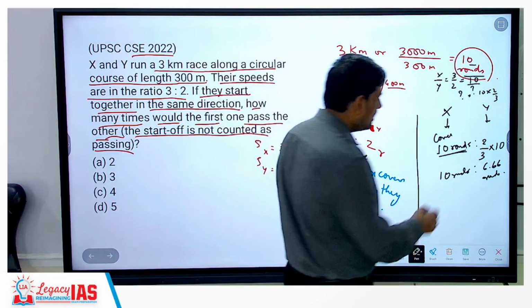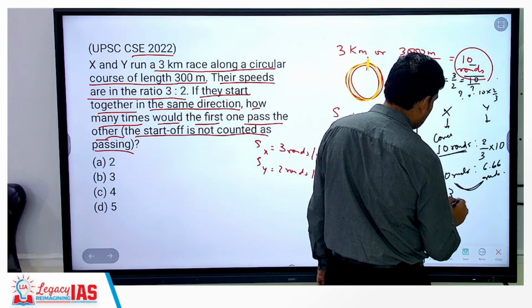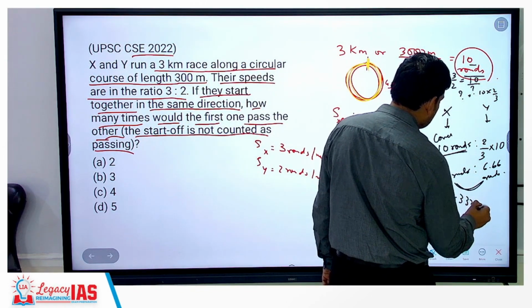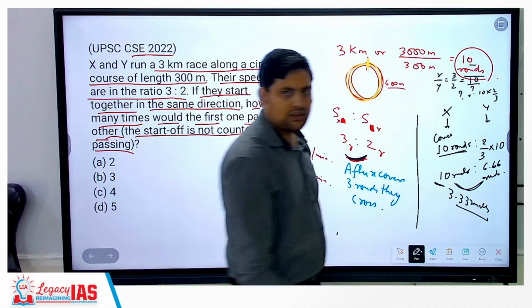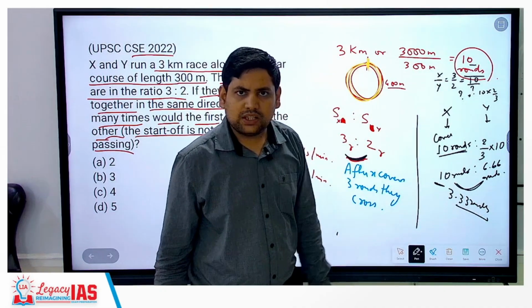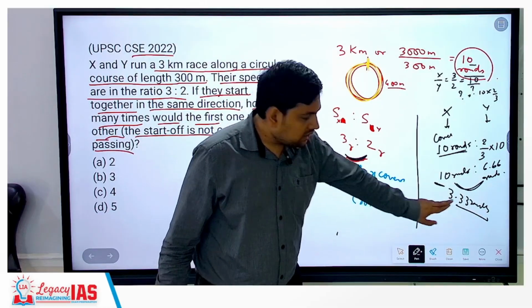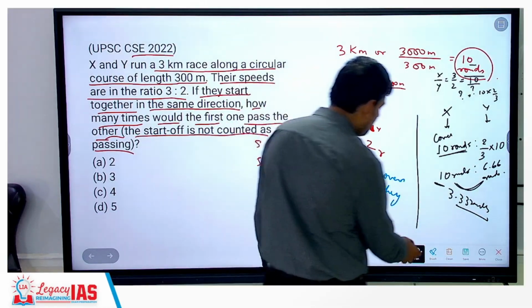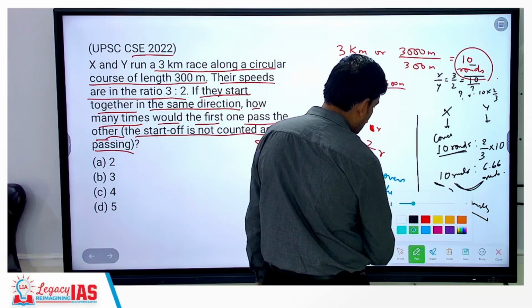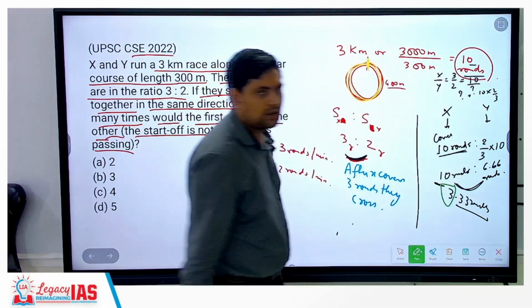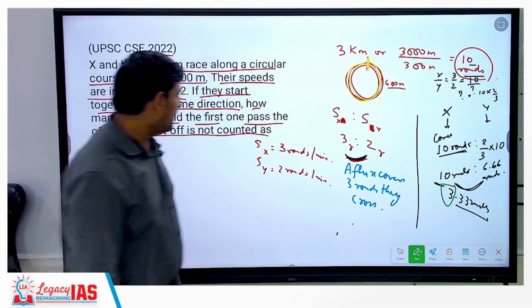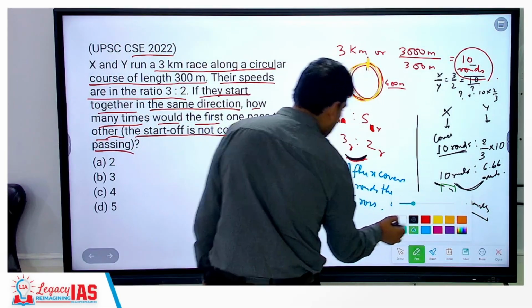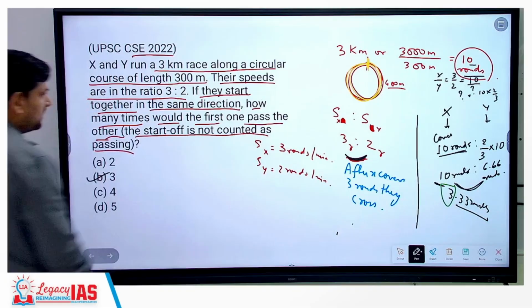Here the difference is approximately 3.33 rounds and the race is completed, because one of them has completed 10 rounds. So with 3.33 rounds, how many times do they meet? You just need to worry about the whole number here, that is 3. They will meet 3 times.